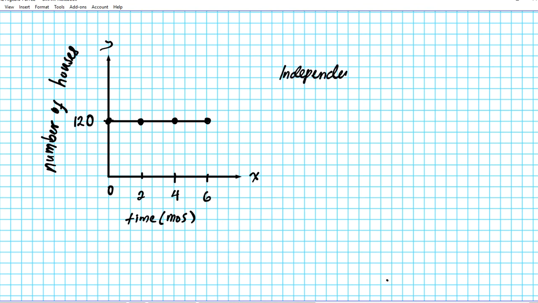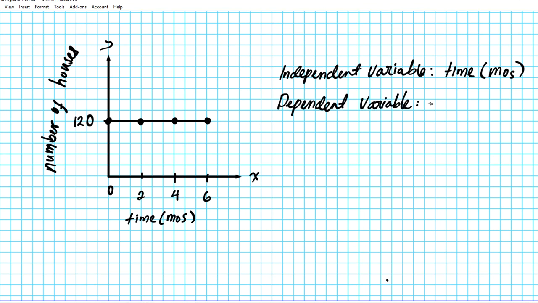The independent variable, remember, is always in your x-axis direction. Your independent variable is going to be your time in months. And then what depends on that? Your dependent variable, your y-axis, is going to be the number of houses.